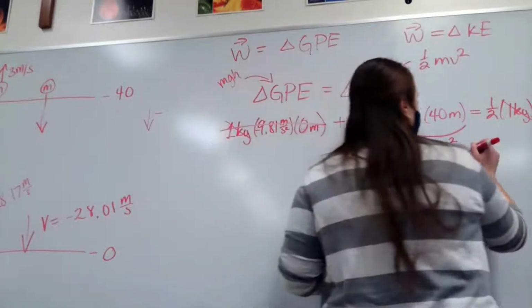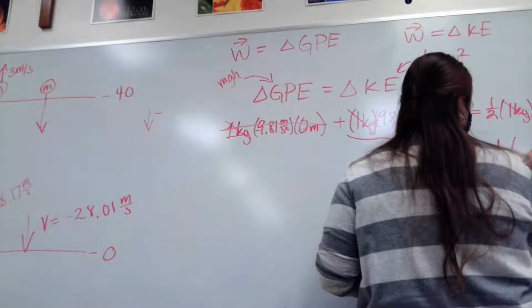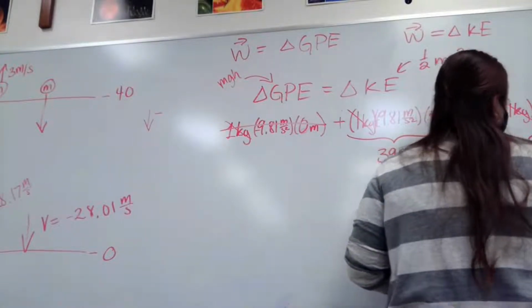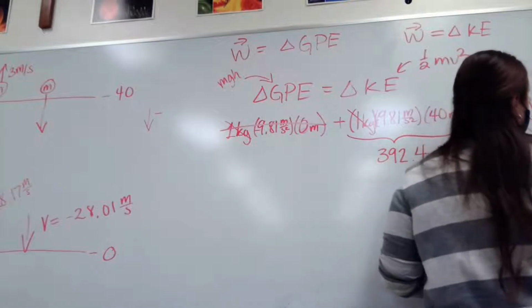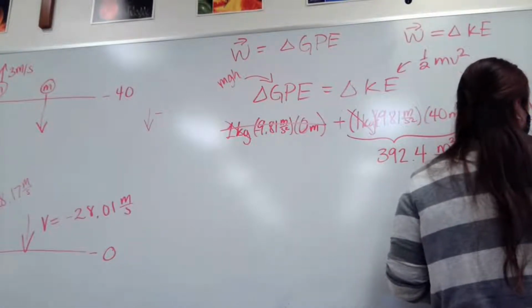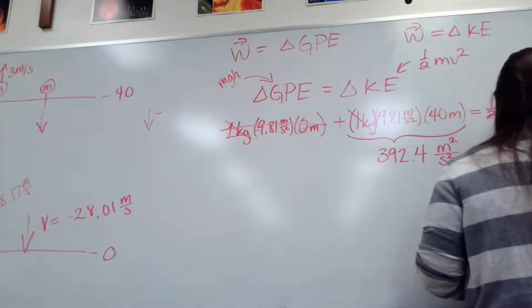Cool? All right, so we have 1/2 of our final velocity squared. And then we have 1/2 of 9, which is 4.5.